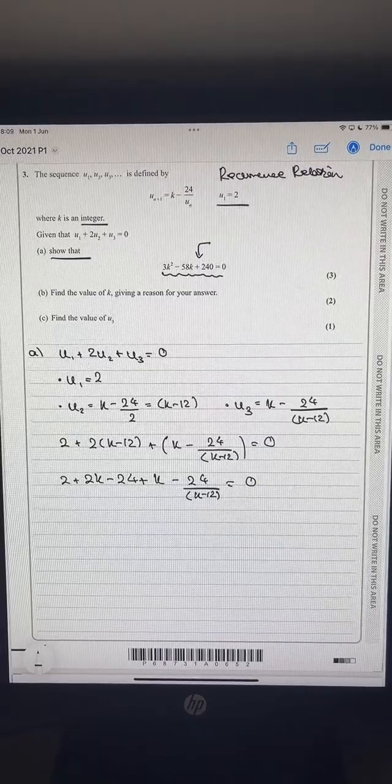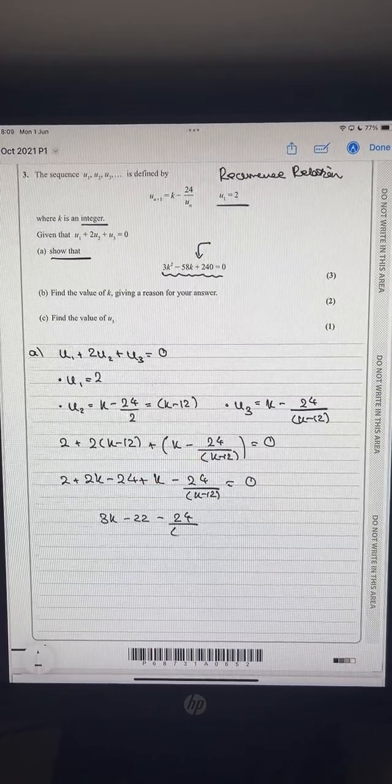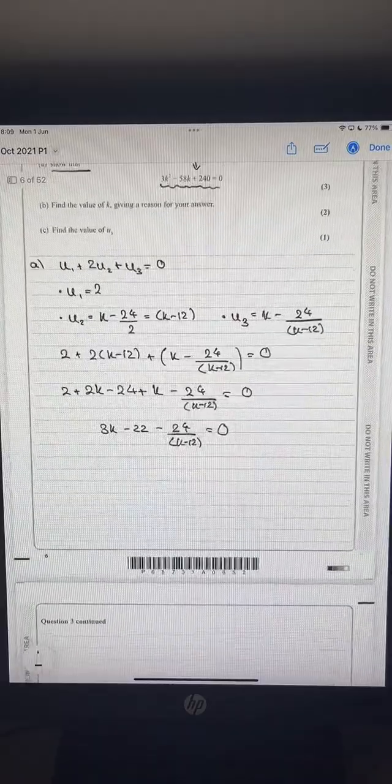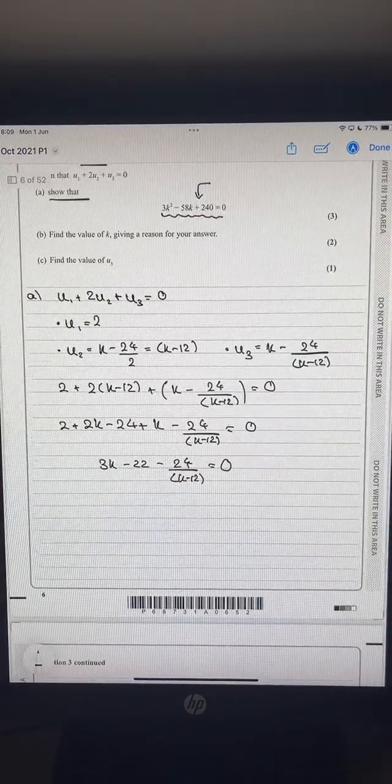Simplify this out, so I get 2k plus k is 3k, 2 minus 24 is minus 22, minus 24 over (k minus 12), and that's equal to 0. So now all I have to do is rearrange for k to get everything as like an integer.